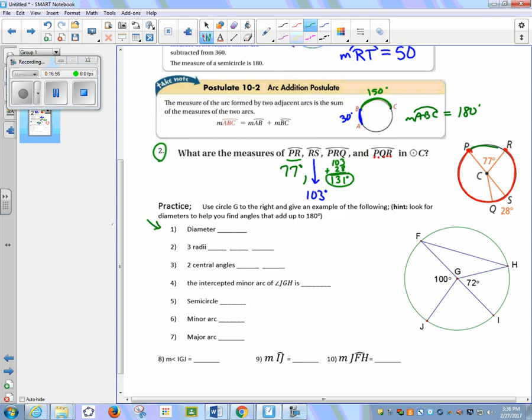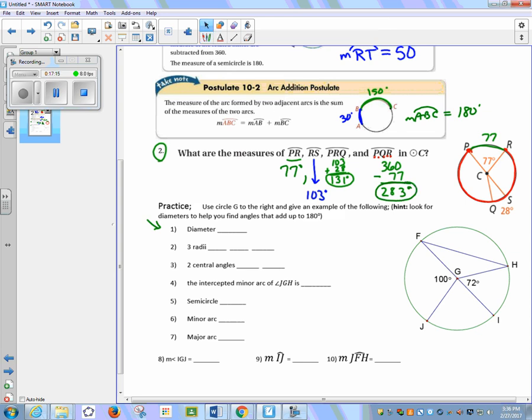We said this is 77. So I'm going to do 360, which is the whole circle, subtract the 77, and I get 283 degrees for PQR.